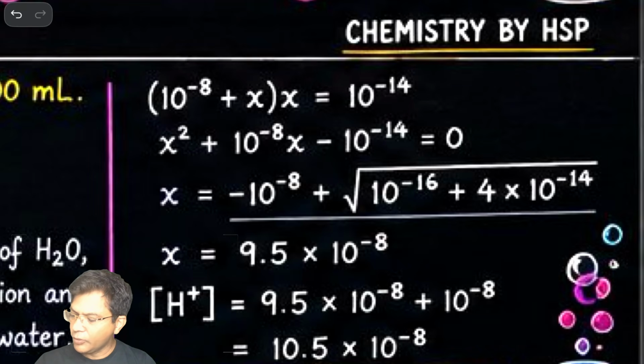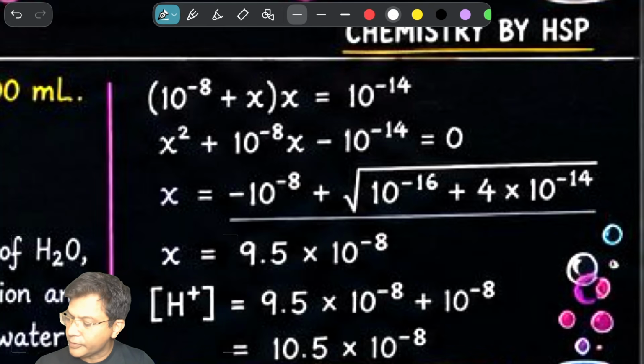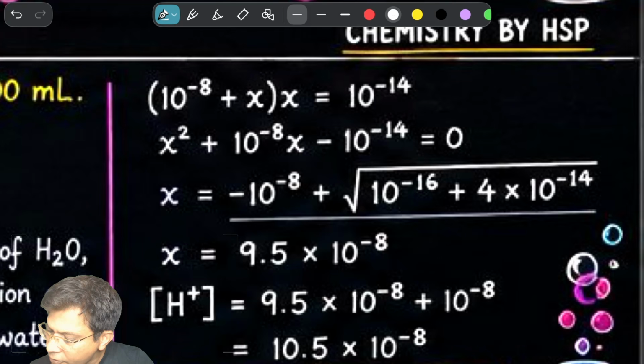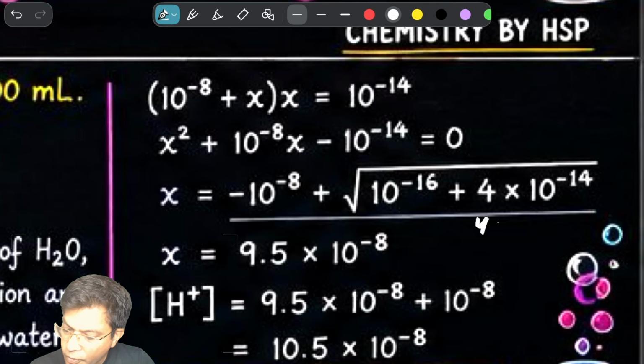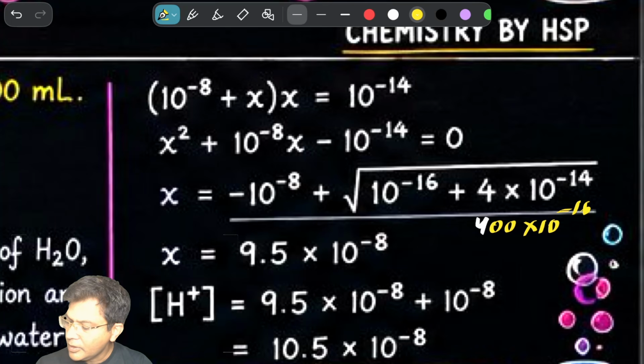So, let me tell you how to solve it. 10 to the power minus 16, thus 4 into 10 to the power minus 15. So, can I write 400 in place of 4? Let me write down 400. 400 into 10 to the power minus 16 it will become. Now, it is easy.